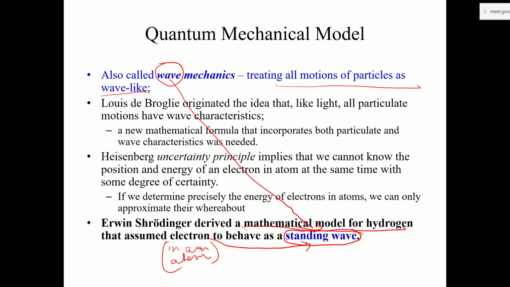If you remove the word standing, there is no quantization. So this is very important, and the ordinary books miss out on this. If you look at the books written by Indian authors, they most of the time miss out this point. If you don't treat the electrons as standing waves, the quantization is gone. There will be continuous change in energy.